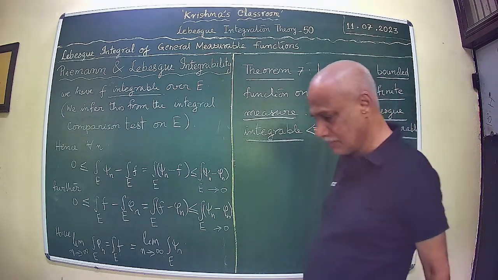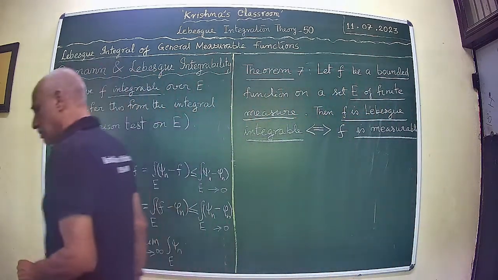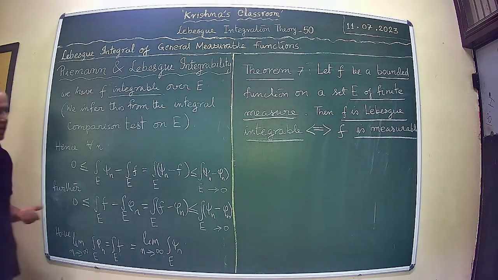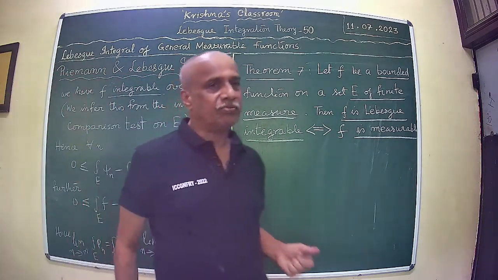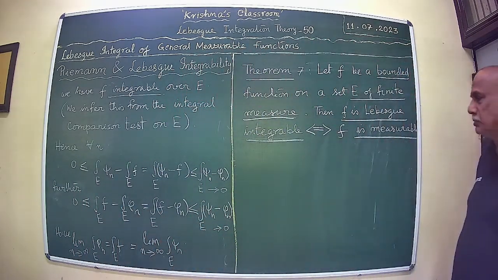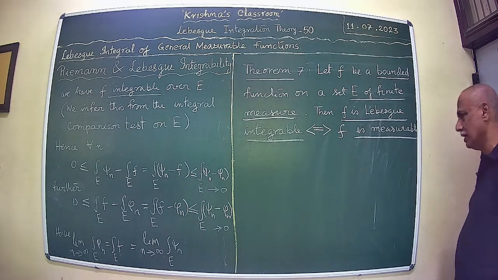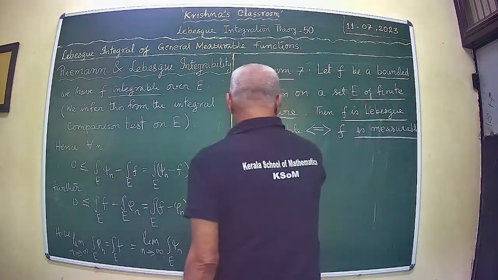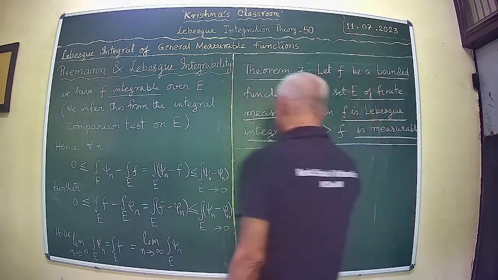This is quite easy to produce an example, because we are now told that if E is a measurable set of finite measure, then there exists a subset A of E such that A is not measurable. So, I'll just make a remark.